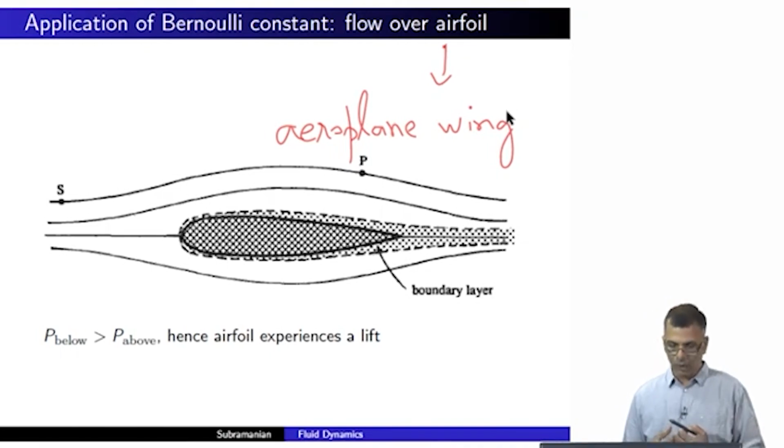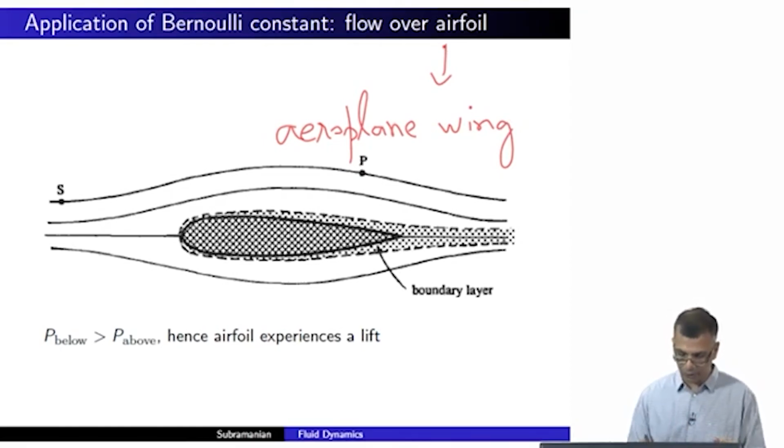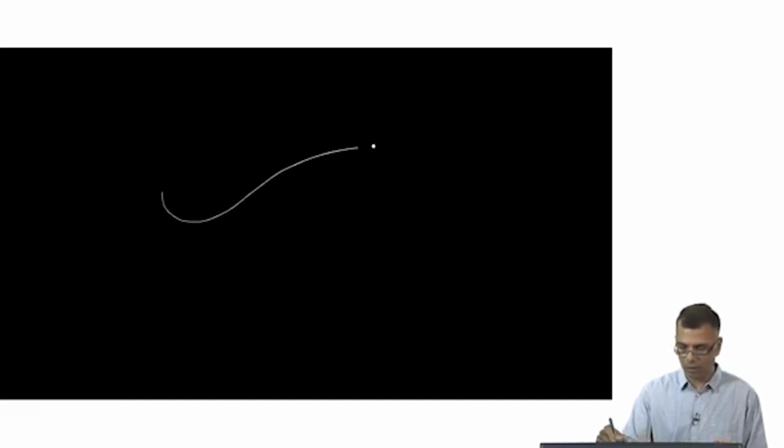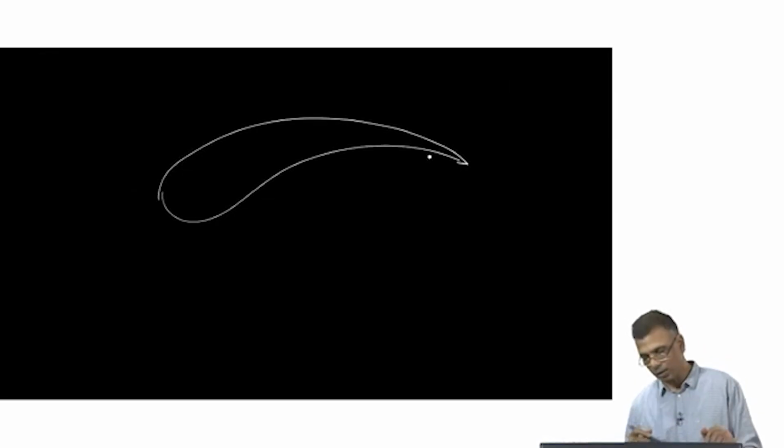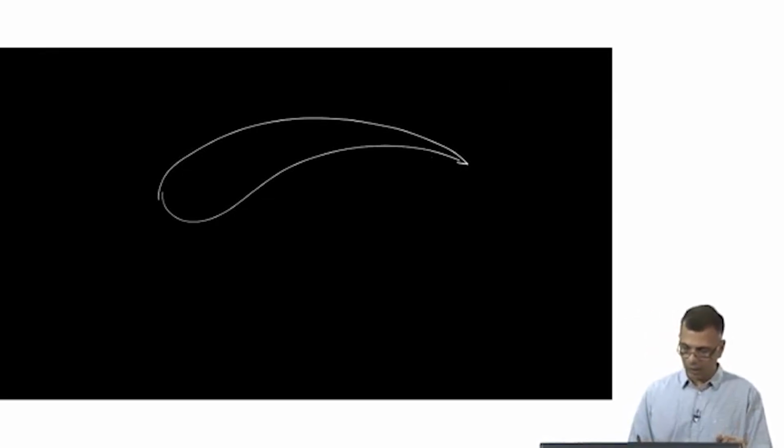Okay, right. So it turns out that now this figure does not emphasize this enough. So I will draw an airfoil. This is really how an airfoil looks. It's exaggerated, of course. The main thing is it's curved a little more here than here.